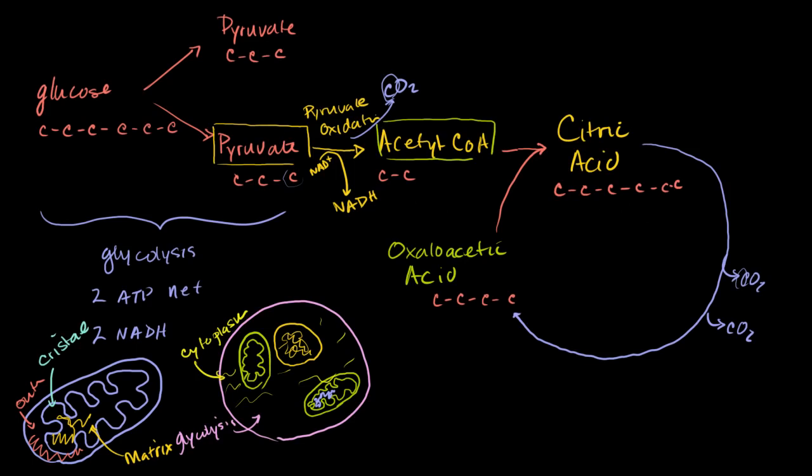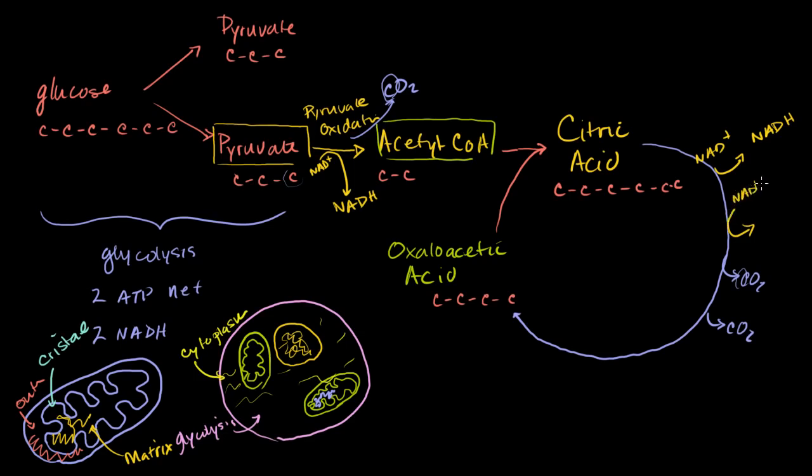But this cycle, it doesn't just generate carbons. The whole idea is to generate NADHs and FADH2s and ATPs. So, right here, and this is a huge simplification, I'll show you the detailed picture in a second. We'll reduce some NAD+ into NADH. We'll do it again. And of course, these are in separate steps. There's intermediate compounds. I'll show you those in a second.